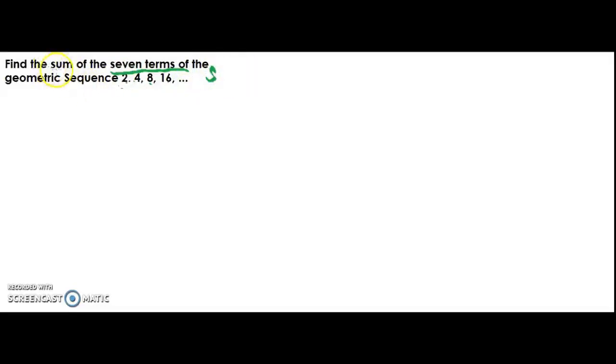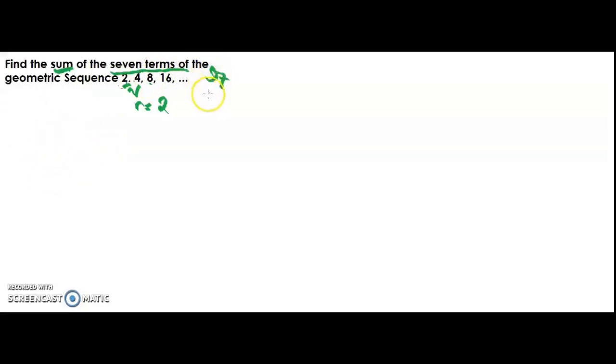Therefore, we want to find the sum of the 7th terms na meron tayo if we are going to generate it hanggang 7. Okay, so given na yung ating first term, ang ating common ratio dito ay 2. Because if we divide 4 to 2, we have 2. If we divide 8 to 4, we have 2. If we divide 16 to 8, we have 2.